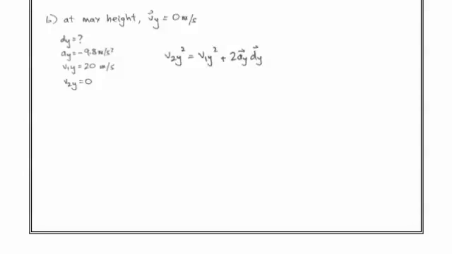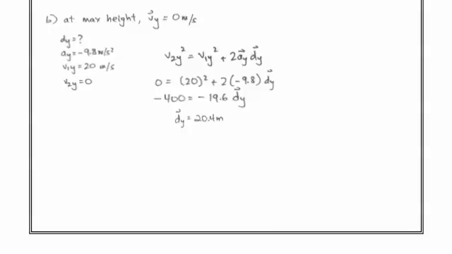And so this is equation number 5, which is a very handy equation to use in this case, because we have V1, we've got V2, we've got A, and we're looking to find D. And so when we sub everything in, we've got an initial velocity of 20, a final velocity of 0, an acceleration of negative 9.8, and we can put all this together, and what we find is that dy is equal to 20.4 meters.